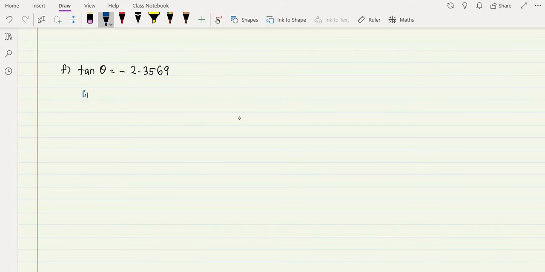The first step is to check our limit for the final answer. The limit given in the question is that theta must be between 0 degrees and 360 degrees. The second step is to find our reference angle. Our reference angle is alpha, and we calculate it using the formula.